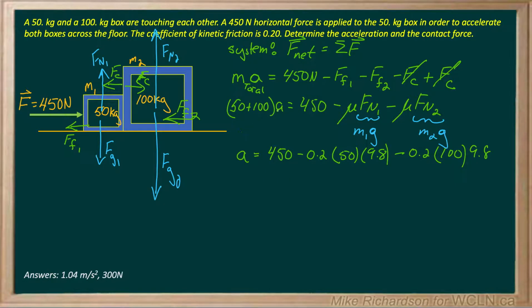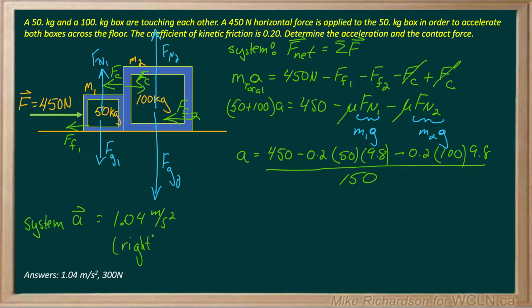And this entire thing, because I'm trying to get my acceleration by itself, I'm dividing the entire thing by 50 plus 100. So the entire right-hand side gets divided by 150, which is 50 plus 100. And you end up getting an acceleration for the system. I'm going to put it over here to the left, to be 1.04. So the whole system is accelerating to the right with an acceleration of 1.04 meters per second squared.